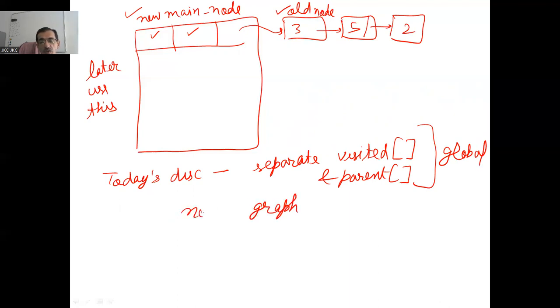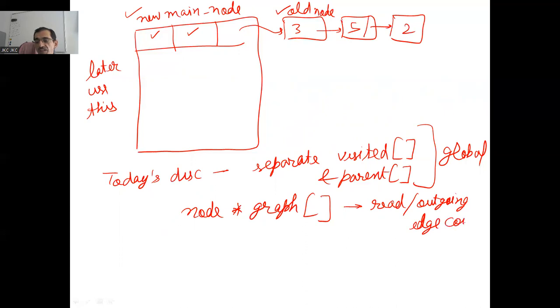This you can use as a node star graph, as we have done for reading, for outgoing vertex edges, outgoing edge count, etc. Whatever we discussed in the previous lecture, we have used. So for today's discussion, just add these things and you will be comfortable. This you have already practiced, hence it becomes easy, and taking two extra arrays will become easy.